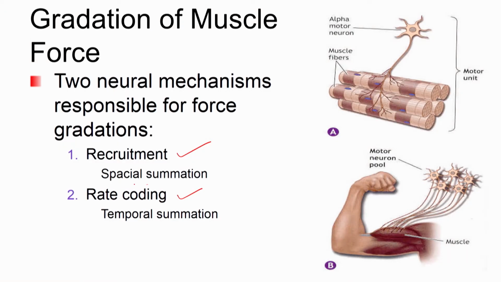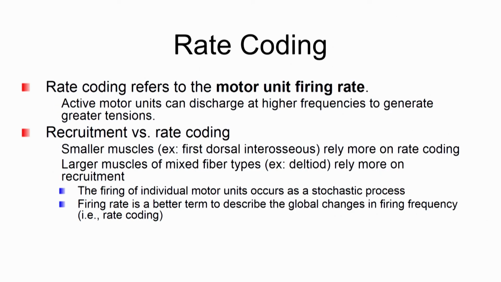Okay. While recruitment is the spatial summation, many muscles adding the force, rate coding is going to temporally summate the forces. So muscle can change its force in two ways, by recruitment and rate coding. These two things are very important to remember.